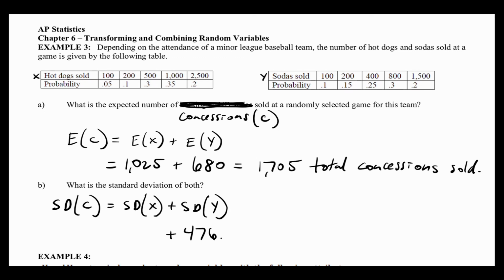Use your lists. So that one is that. First one is 793.016. Add that together. 793.016 plus 476.025 is 1,269.041.